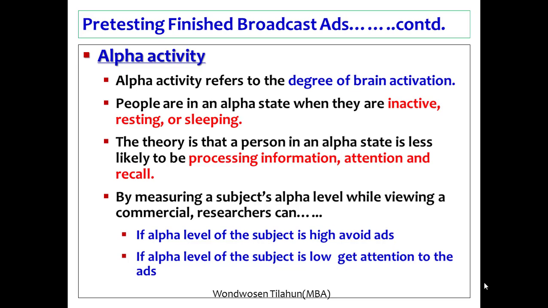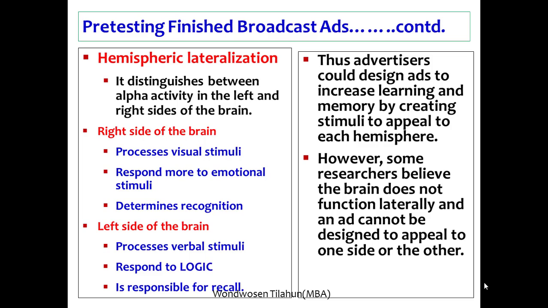Their mind is not resting or sleeping. It's because the message is grabbing their attention, their alpha level becomes very low, and they are actively following our advertisement. The other method is hemispheric lateralization.